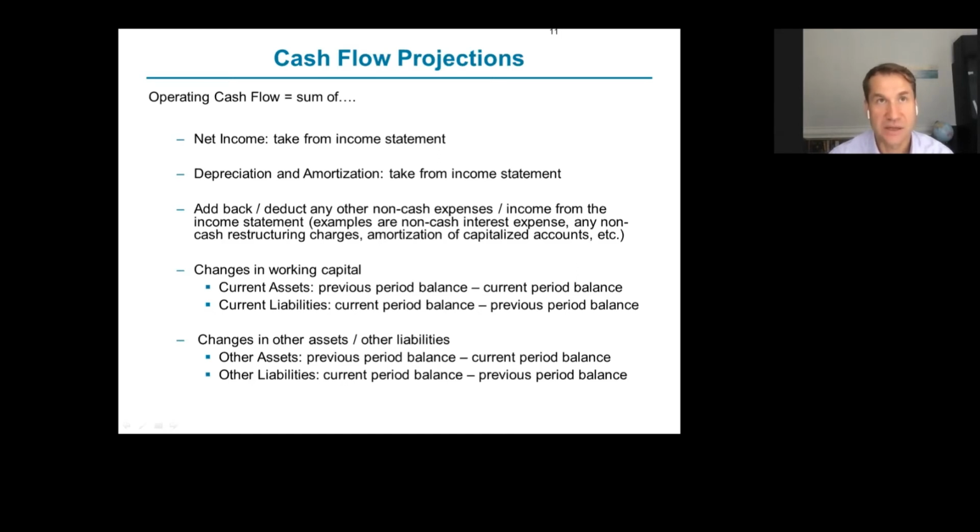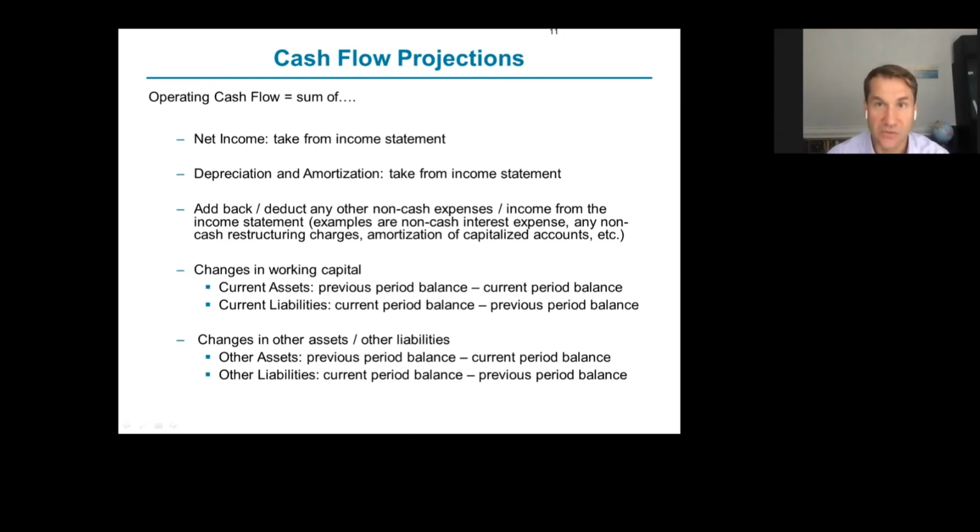So think about accounts receivables. If accounts receivables go up, most likely you haven't received cash. When accounts receivables go down, they convert into cash and your cash goes up.